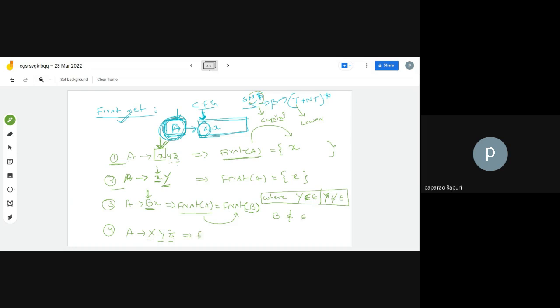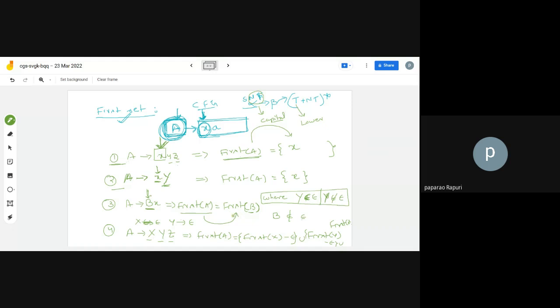In this case, first of A equals first of X minus epsilon, union first of Y minus epsilon, union first of Z. Here X belongs to epsilon and Y belongs to epsilon.